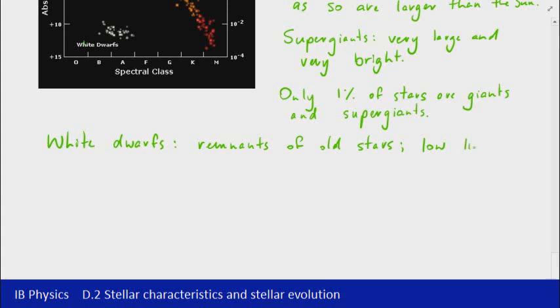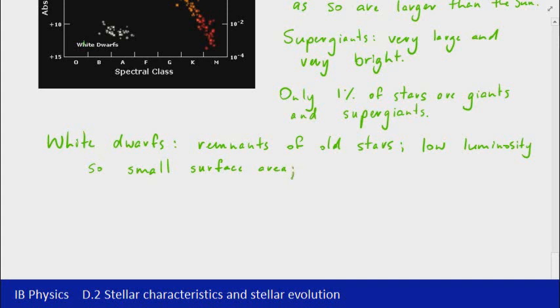They have low luminosity as a result of a small surface area, which is also combined with the fact that they're not actually radiating light through fusion anymore.